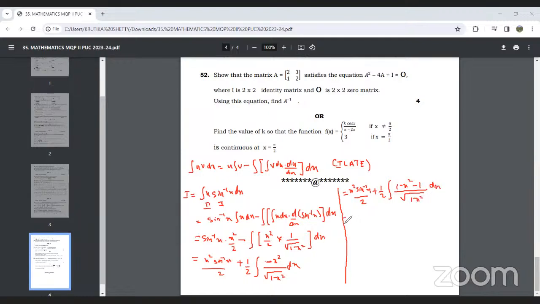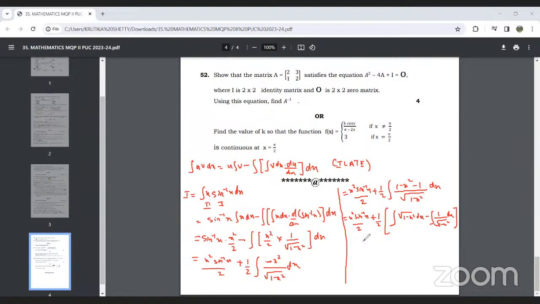On simplifying further, x square sine inverse x by 2 as it is, 1 by 2 as it is. In the bracket I will split the numerator over the denominator, so we get root of 1 minus x square dx, minus 1 upon root of 1 minus x square dx.